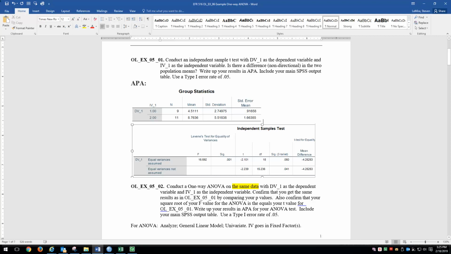So if we looked at our sig on this one, it's actually 0.05. That's interesting. So it's a t-test. It's a t with 18 degrees of freedom. Its value of our t is minus 2.101, comma, and is p less than or greater than 0.05?